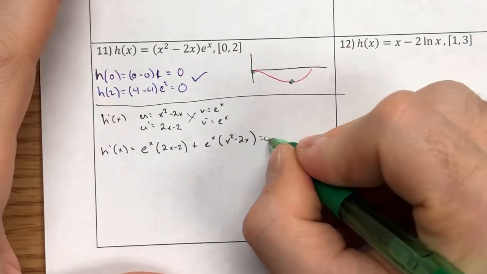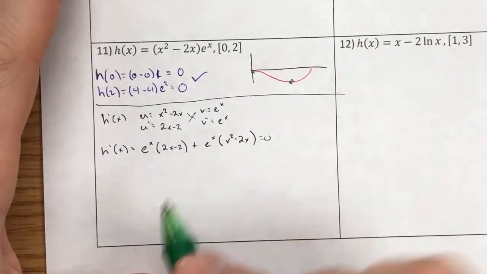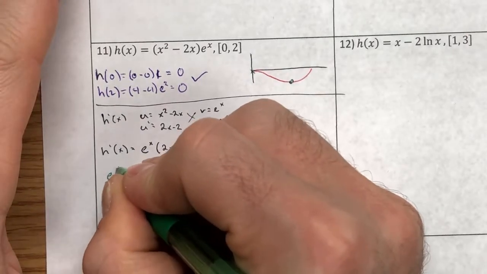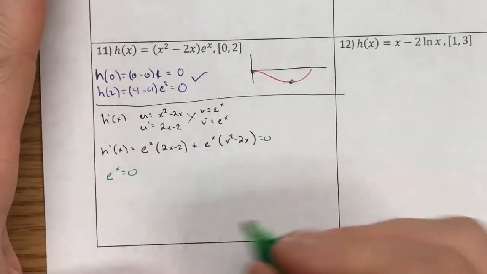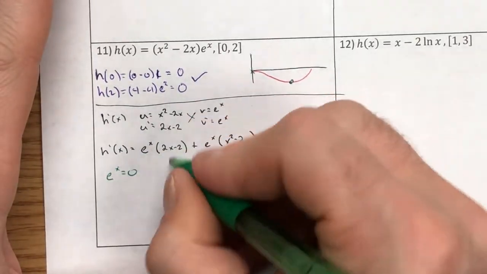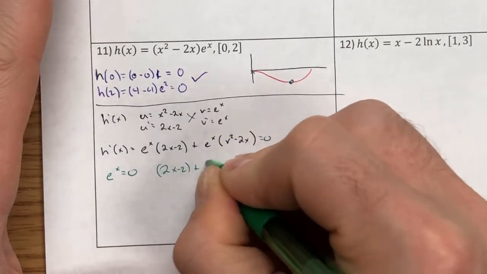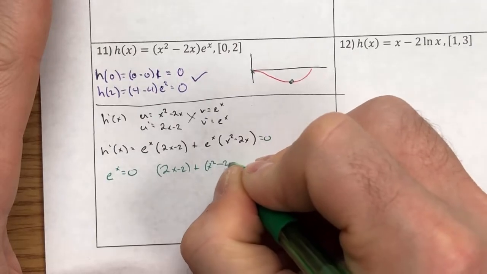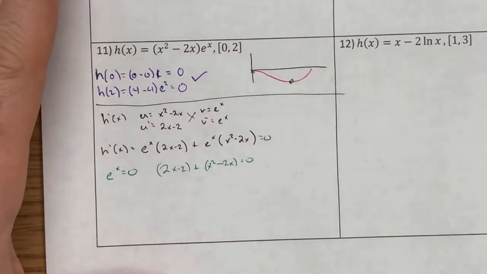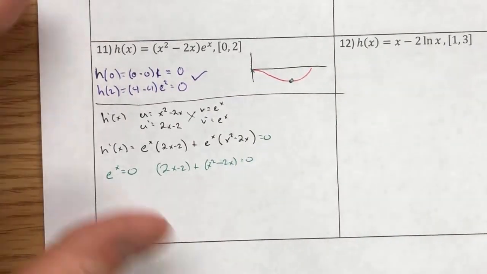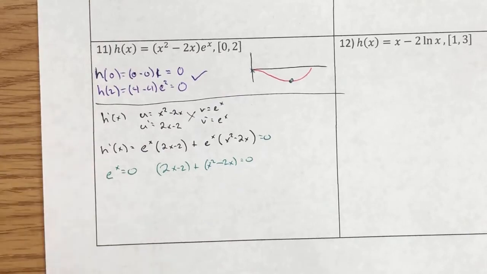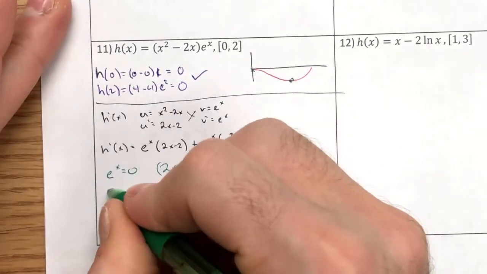So if we set this derivative equal to 0, I can factor out an e to the x and say, hey, if e to the x equals 0, we have one answer. And then whatever's left over, 2x minus 2 plus x squared minus 2x, that would also work. We know e to the x, no matter what number we raise e to, will not equal 0, so that solution does not exist.